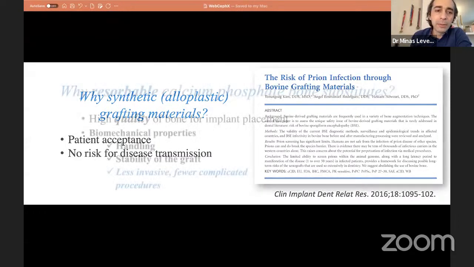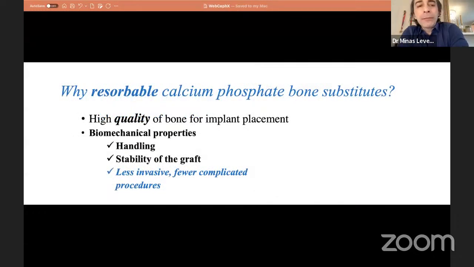So first of all, synthetics are an excellent choice for communicating with the patient and for the patient to accept this kind of materials. But for us, the big benefit is that the fully resorbable calcium phosphates, those synthetics, produce a very high quality of new bone, and this is very important in oral surgery, and especially when we place implants. And because we can mix the beta-tricalcium phosphate with other components like calcium sulfate or PLGA or silicate, this can give us very good handling properties.